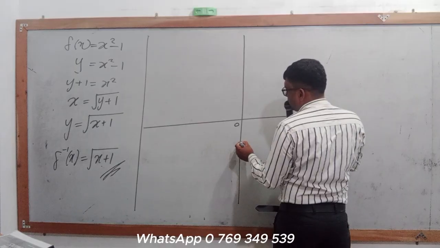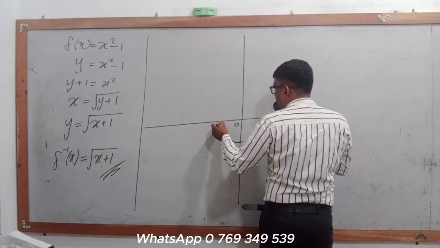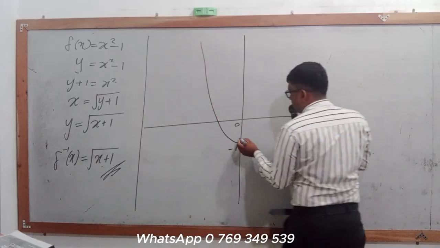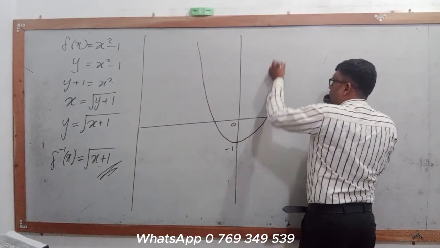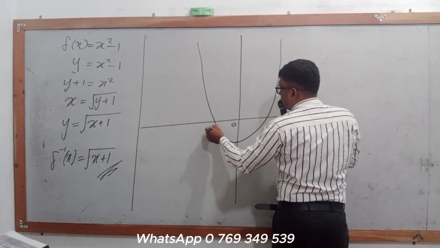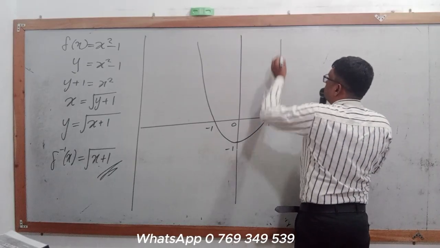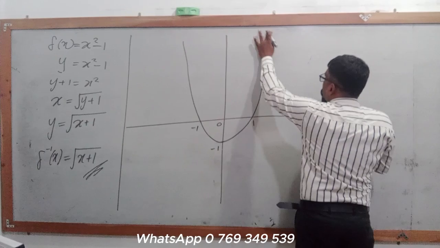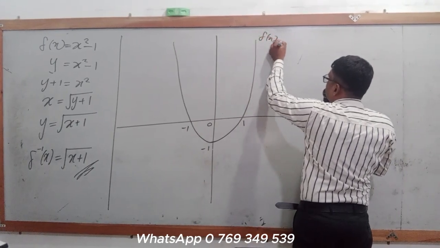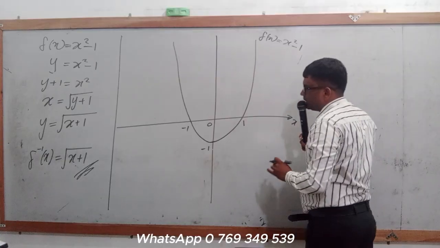Minus 1 is the minimum point. Now you can take the graph like this. Here minus 1 and here plus 1. This one is f(x) equals x square minus 1. The equation is like that.